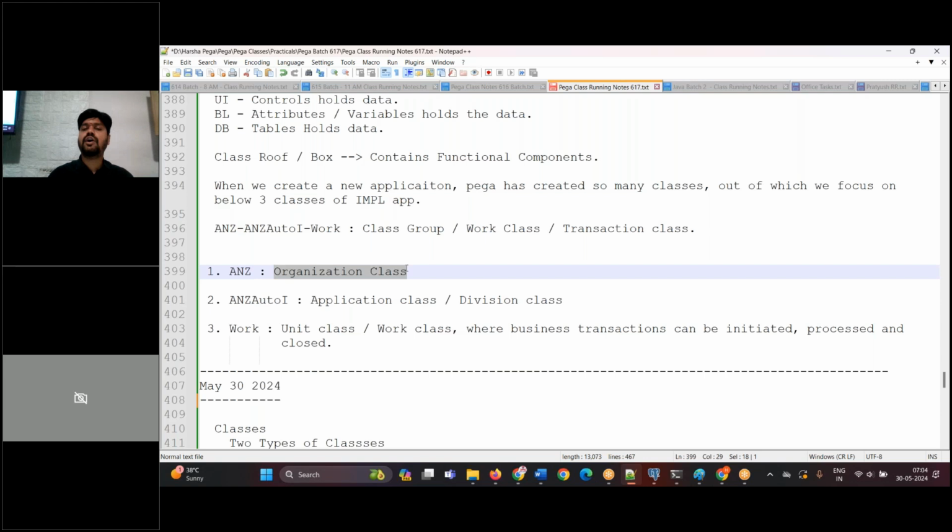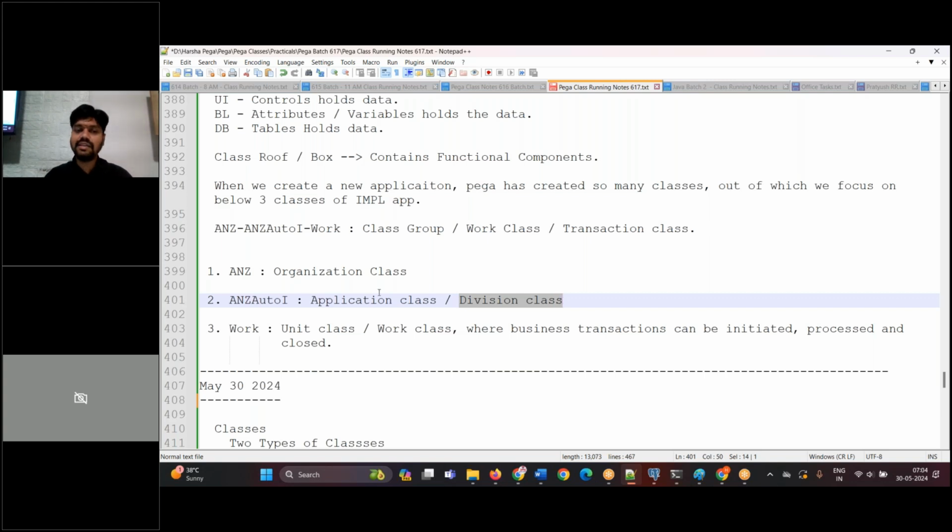As the name matches the organization name, we call it the organization class. And the organization structure, I have told you, right? Organization, division, unit. Unit is the place where transactions will happen. The second one is ANZ Auto I. When you compare with the organization structure, you can call it the division class, and also mainly the application class.